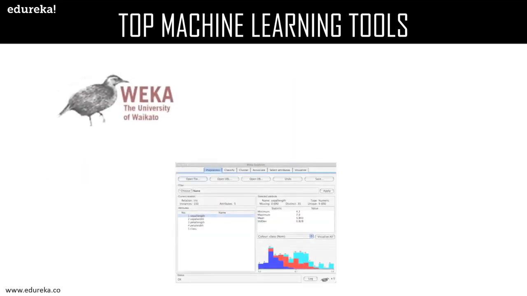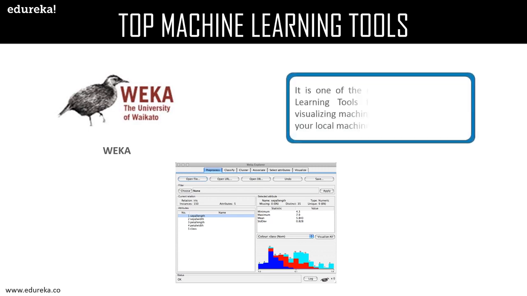Now, Weka, which is the Waikato Environment for Knowledge Analysis, is an open source Java software that has a collection of machine learning algorithms for data mining and data exploration tasks. It is one of the most powerful machine learning tools for understanding and visualizing machine learning algorithms on your local machine. It has both a graphical interface and a command line interface.